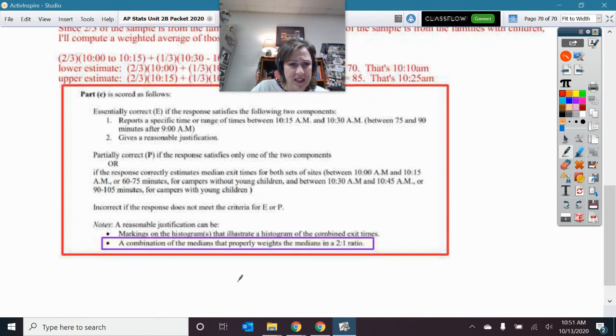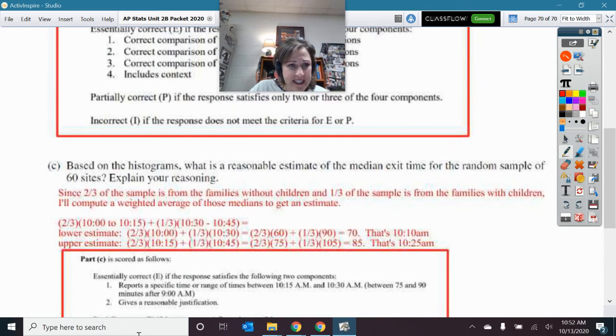What I did was a combination of the medians that properly weights the medians in a 2-to-1 ratio. So that's what I did here.